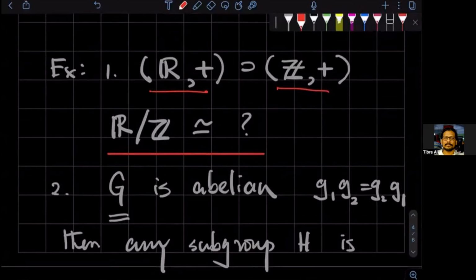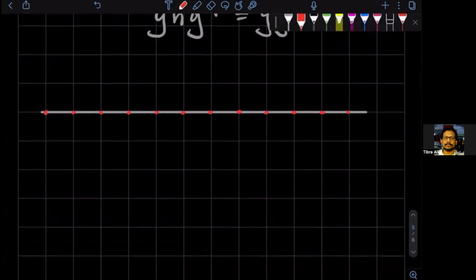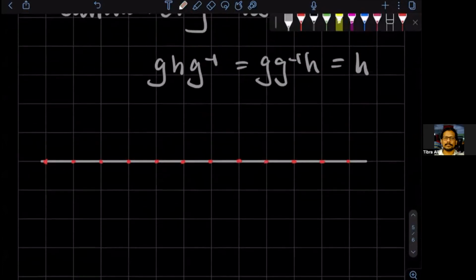Okay, so R is a continuous group, whereas this guy is a discrete group. They're both infinite. So when you do the quotienting of R over Z, what you're doing is identifying these points. You're essentially identifying all these points, and any point that is shifted by this amount.